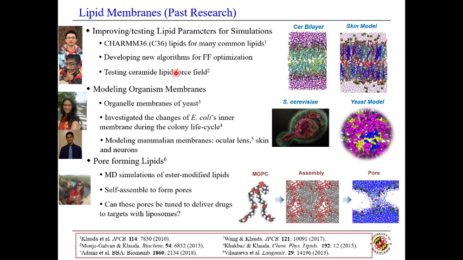We're using this to then eventually test different force fields and applications to model organism membranes like yeast, bacteria, as well as mammalian membranes like those in the ocular lens, neurons, and lung, as well as membranes that are associated with the encapsulation of the virus, RNA.